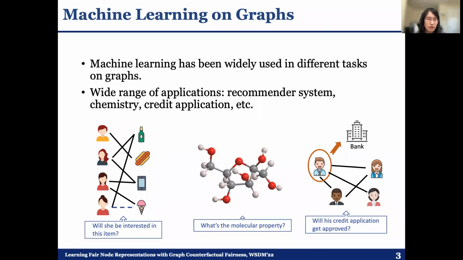Also in chemistry, we can model a molecule as a molecular graph with each node as an atom, and we can try to predict the molecular property based on this graph structure. Also in credit applications, we can take advantage of the social network of each applicant and try to predict whether his or her credit application would be approved.